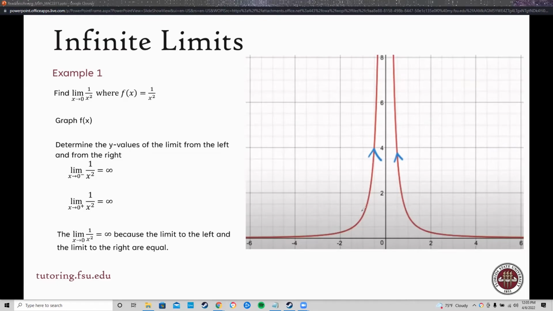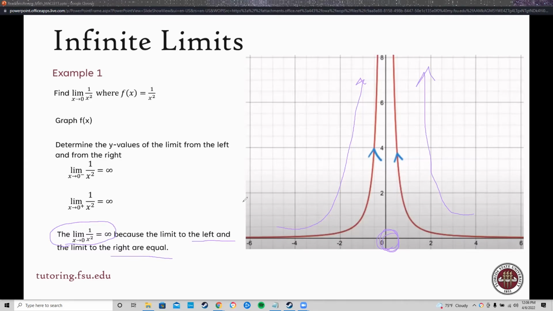If I'm asking what the limit is as x approaches 0, approaching from the left-hand side, the graph approaches positive infinity. It also approaches positive infinity if I look at it from the right-hand side. So I would actually say that the limit does exist as x approaches 0, and that the limit is infinity, because the limits on the left and right-hand side are equal.